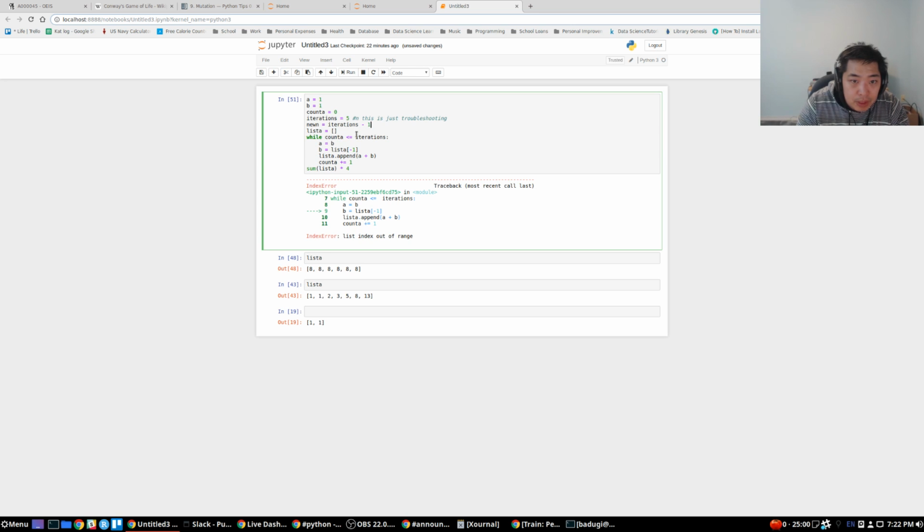Is it always going to be n-1? So noob. How is it index out of range? Why is it index list out of range? Oh, because -1 doesn't have... So if list is... Wait, hold on.